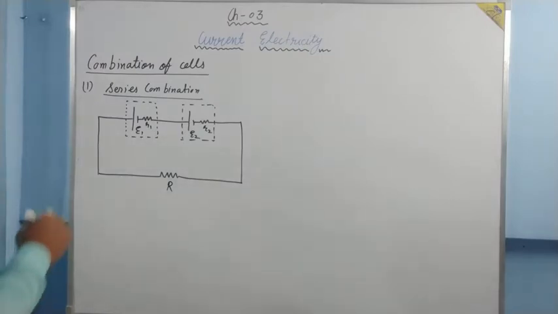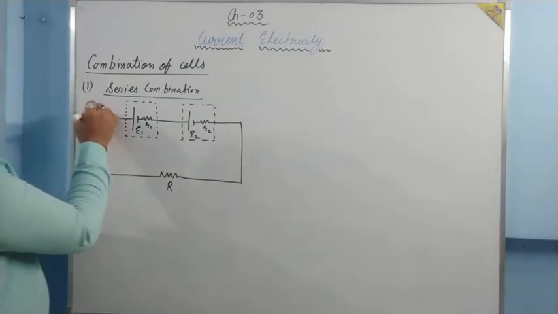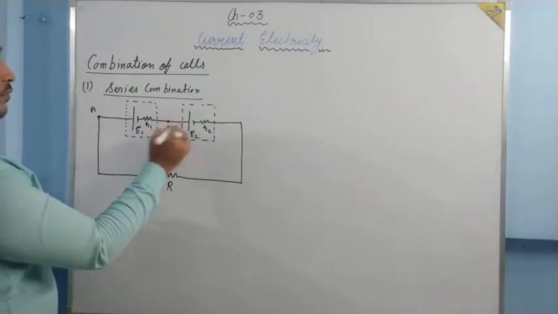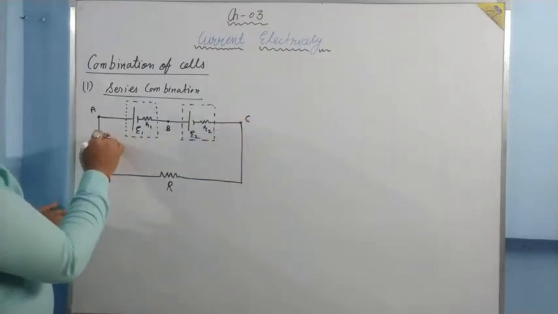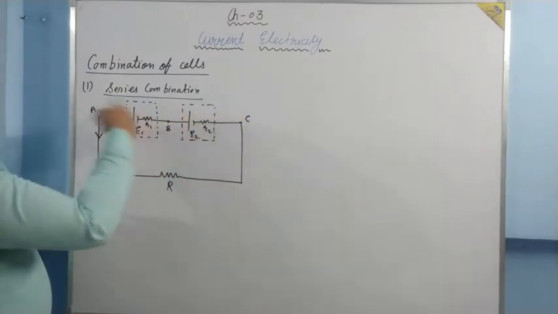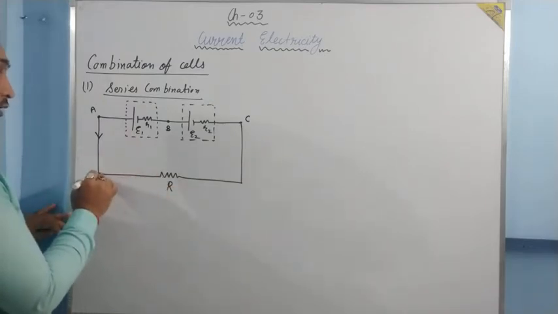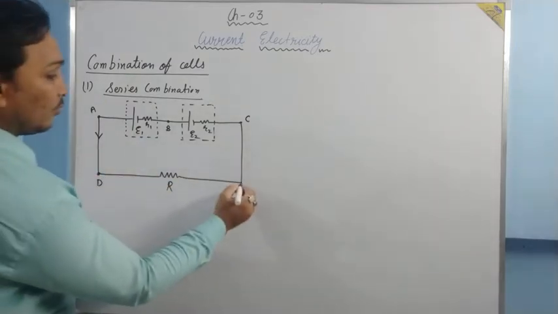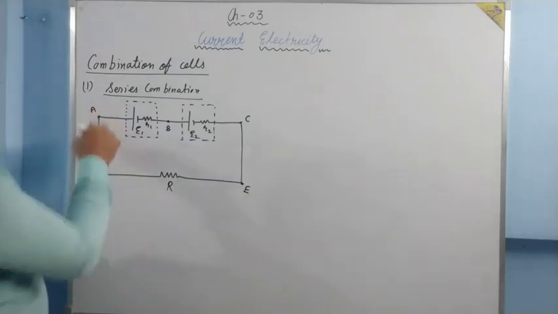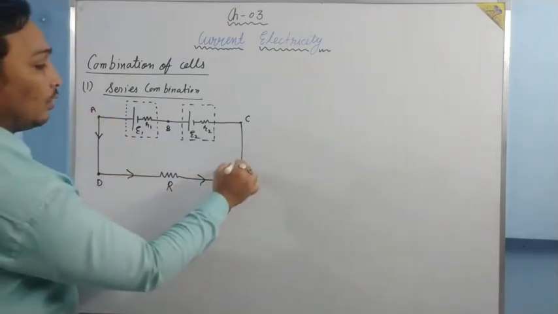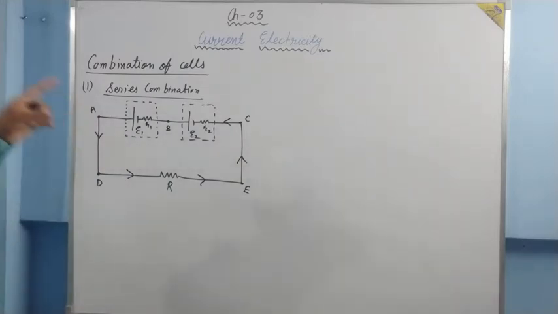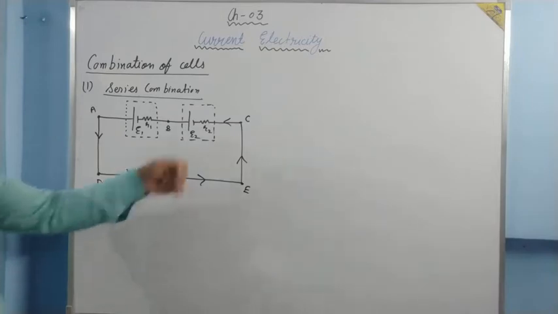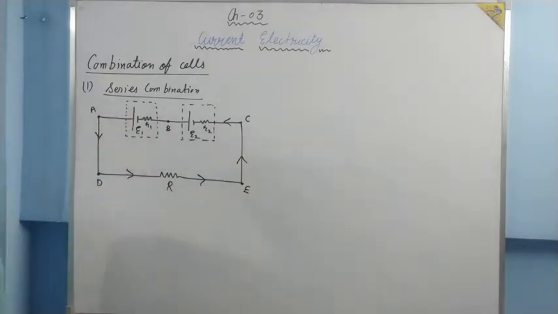So in this, if this is a point A, this is a point B, and this is a point C. So current obviously will move from A to external resistance. Let this point be D, let this point be E. So current will move from A to D, then E to C, then through the cell, and thereafter current will go like this. So basically this current will be flowing in the circuit anti-clockwise.